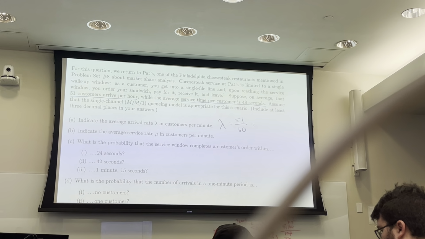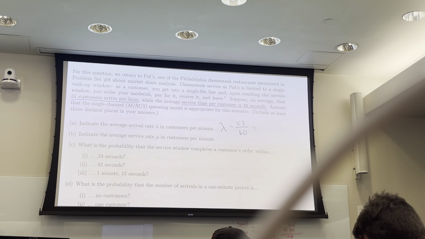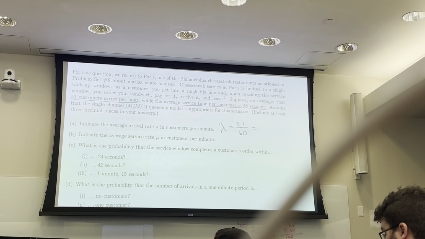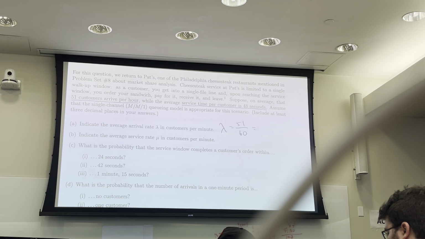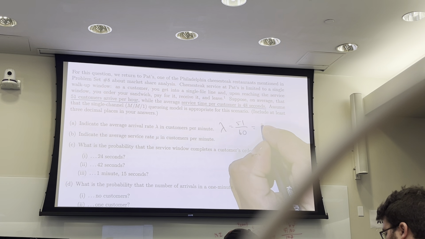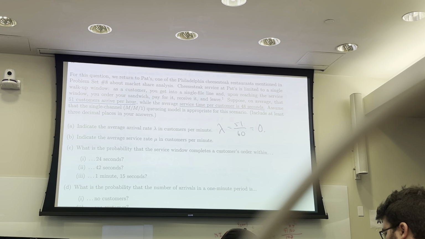If we divide it by 60, it'll give us customers per minute. The conversions I will ask of you will not be very complex. I hope we are all at the point in our lives where we know that there are 60 minutes in an hour, or 60 seconds in a minute. So, 51 over 60 is 0.85, I believe.